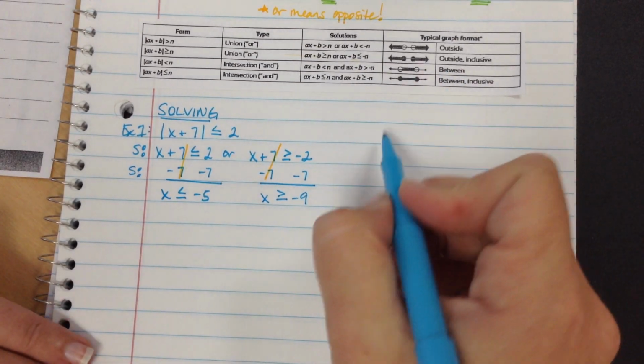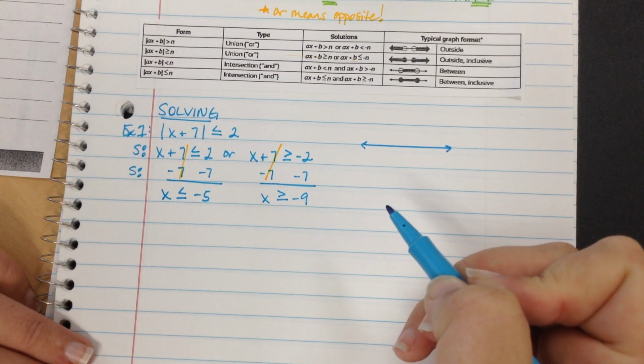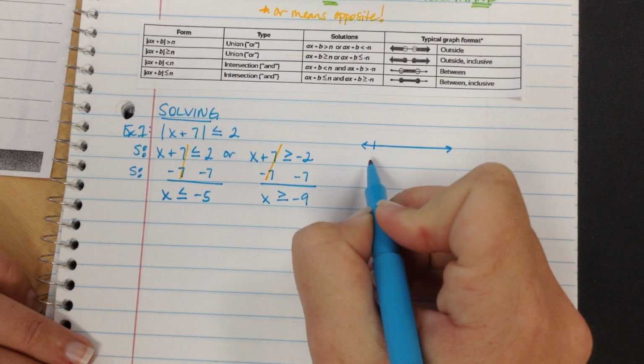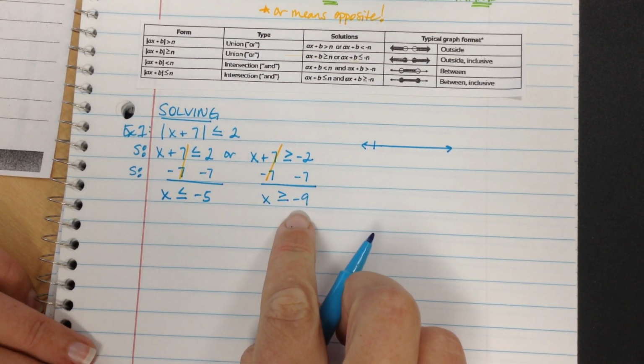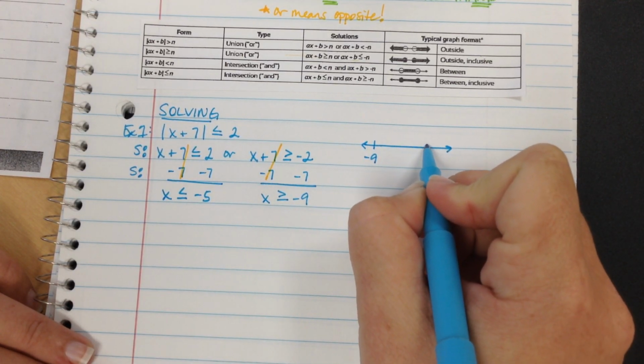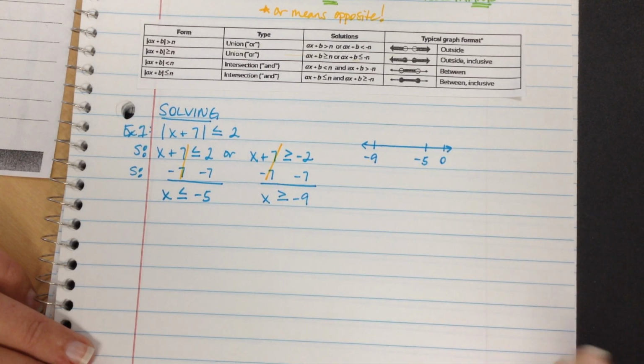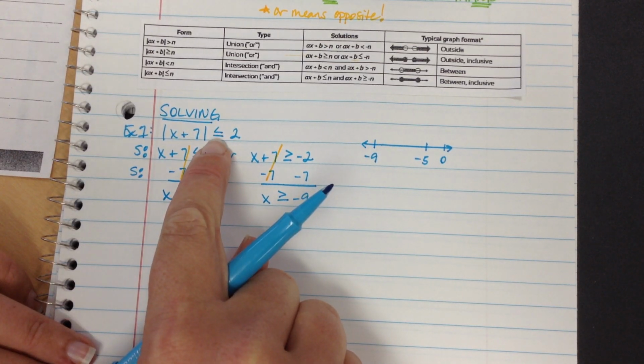Now graphing this, set up your number line. The smallest number, remember, is always the one to the left. Don't forget, negative 9 is smaller than negative 5. Negative 9, and then negative 5. 0 is up here. Okay, looking back at our original sign, we have a less than or equal to.